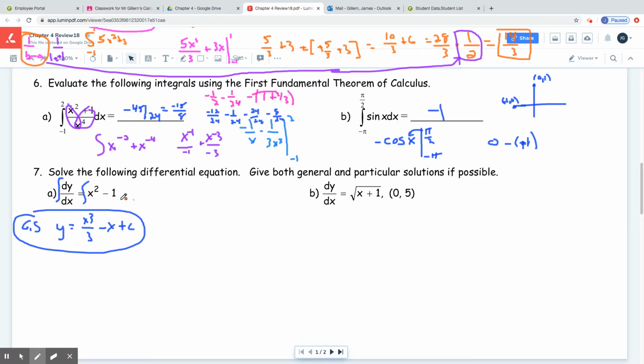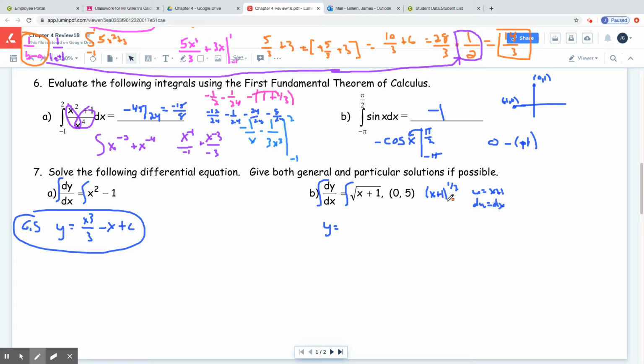Now, there's no point here, so I can't find a particular solution. All right, same thing over here. This becomes y equals the integral of x plus 1 to the 1/2. In order for us to integrate this, if we did substitution, u is x plus 1, du is just dx.